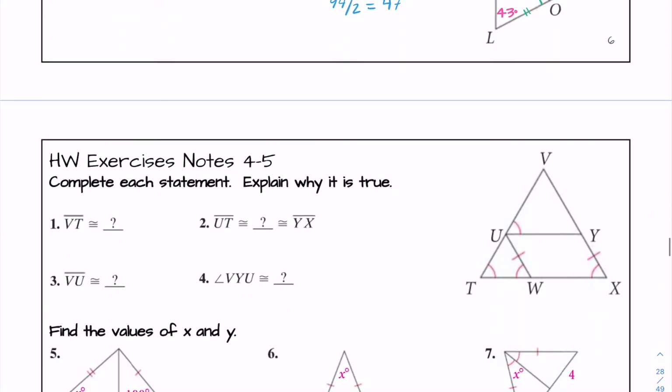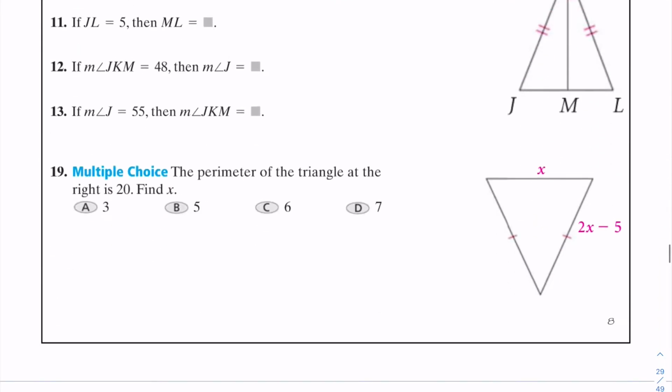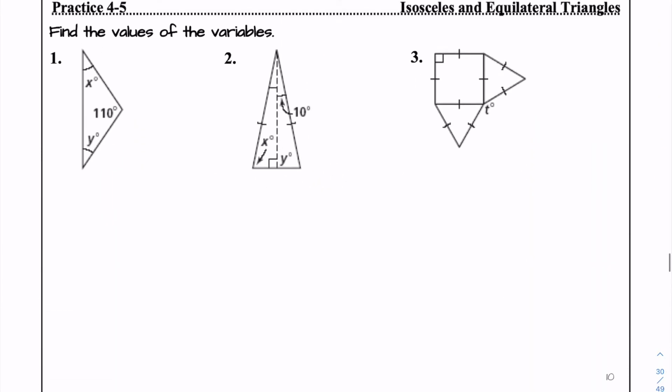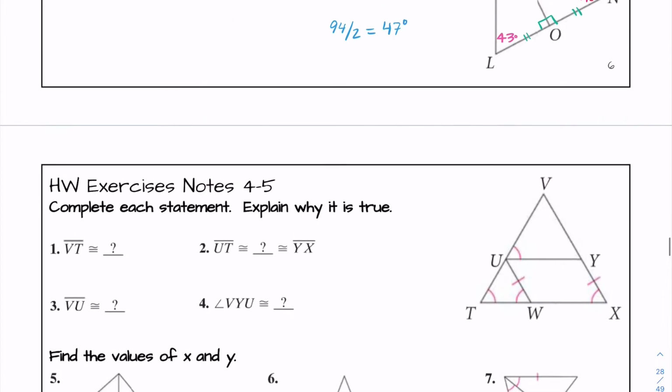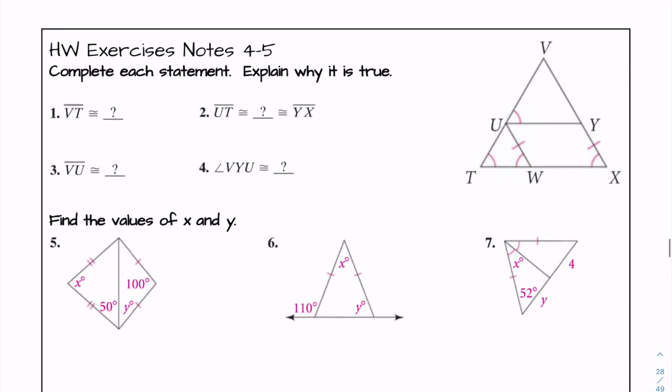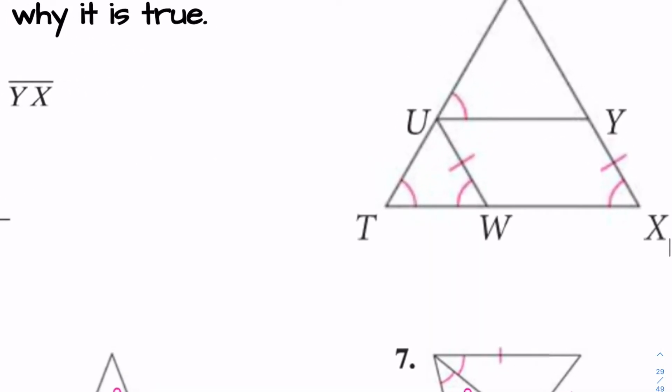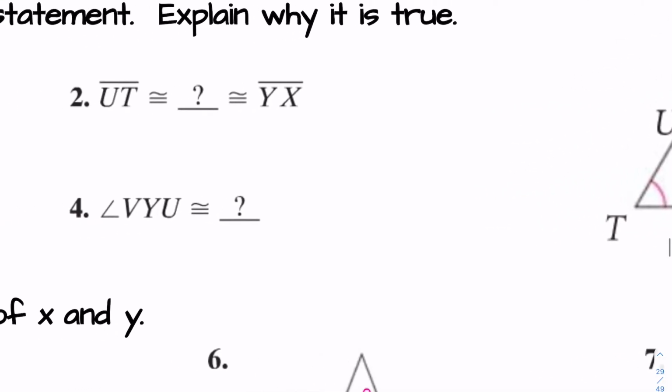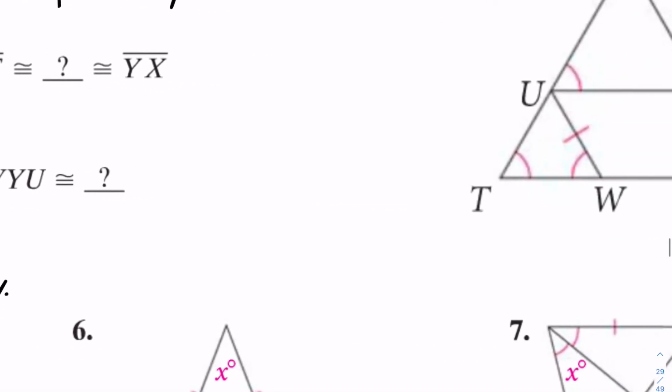All right, we are already at the exercise notes, and then we have a practice to work on in class together. So I'll keep working on these. Complete each statement, explain why it is true. What is congruent to VT?